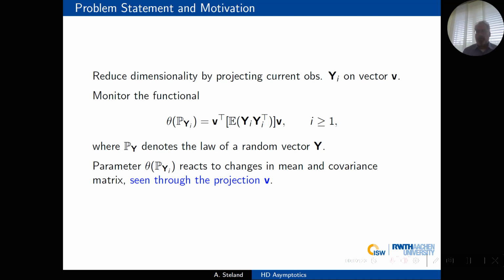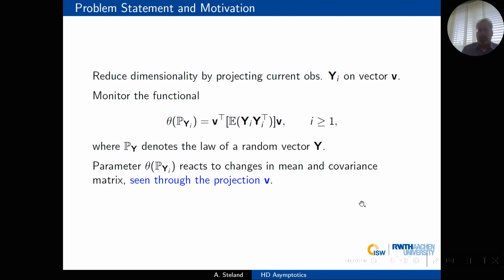And so we have here a tool which reacts and is sensitive to both kinds of changes. But we want to see this functional, these second moment matrices, only through the projection V. So the idea is that relevant are only changes of this functional seen through the projection V.